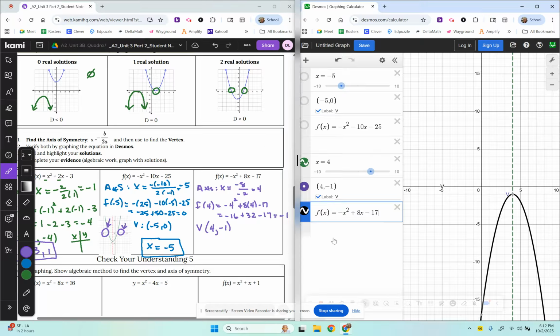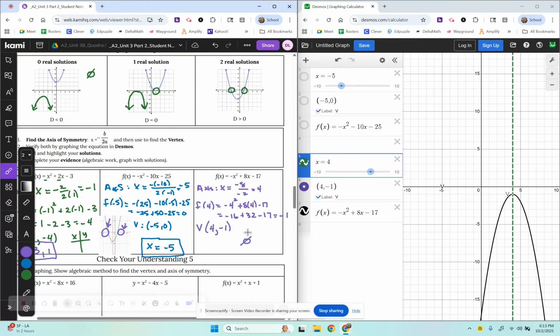There my vertex is on my curve, as well as my axis of symmetry cutting it in half. When I look here, I can see this is my x-axis, right? And it's not touching the x-axis. So for this one, there would be no solution.